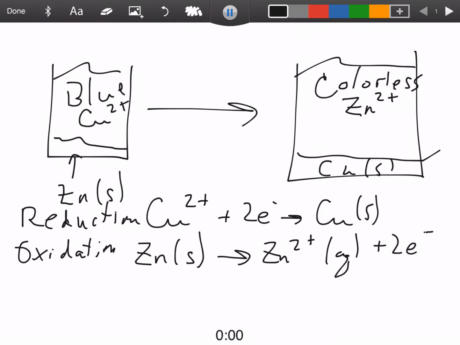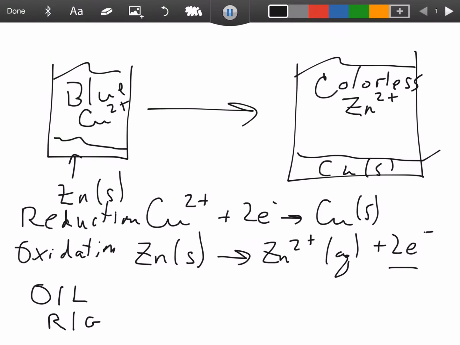And you may have used this mnemonic in high school chemistry if you did redox chemistry, but the mnemonic I always remember from high school is OIL RIG, where the oxidation is a loss of electrons, so the zinc is giving up 2 electrons, and that's why they end up on the product side.